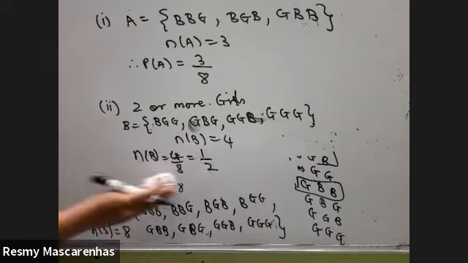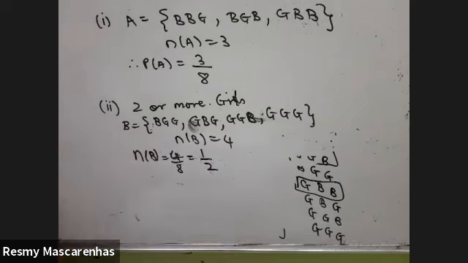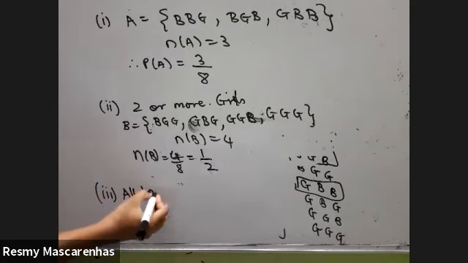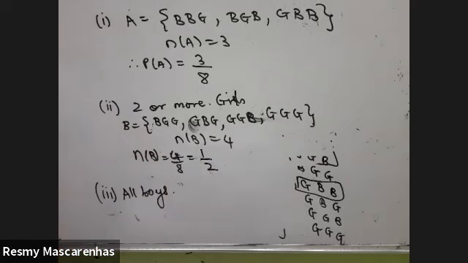Then the third one: no child is a girl. No child is a girl means all boys. So there's only one possible combination.